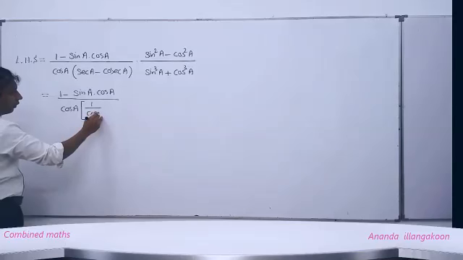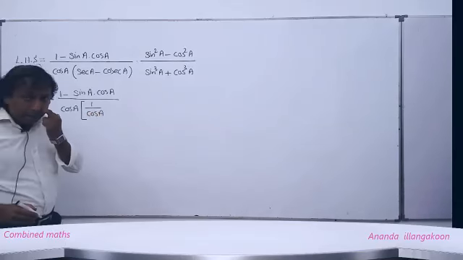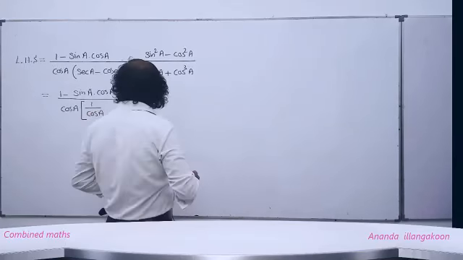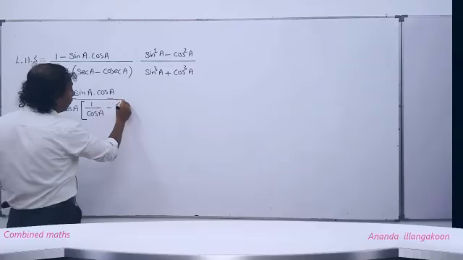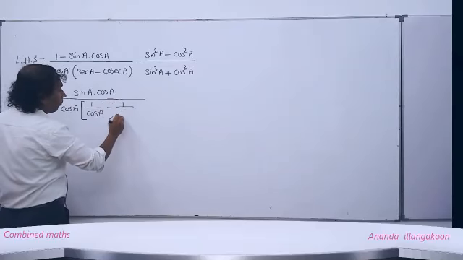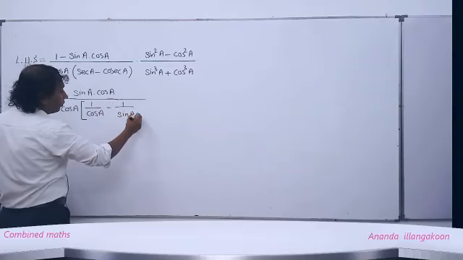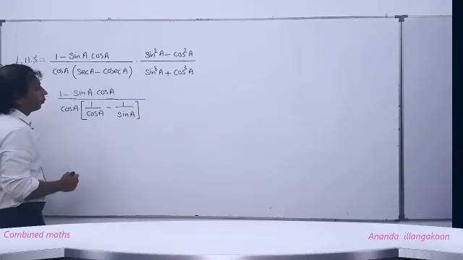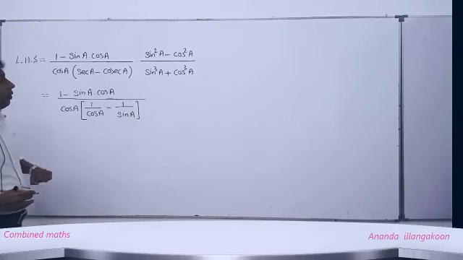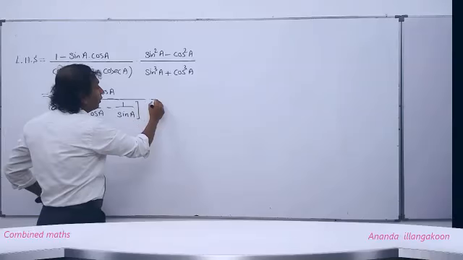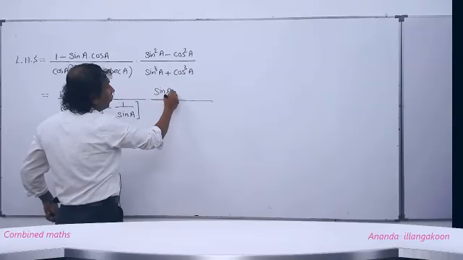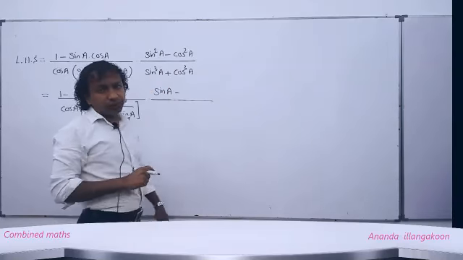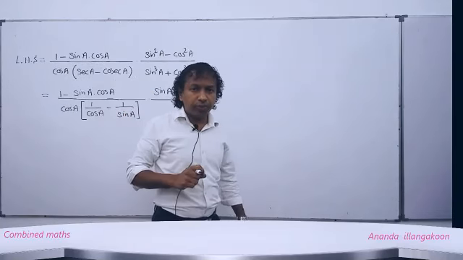Sec A is 1 upon cos A. Minus cosec A is 1 upon sin A. And here, this sin squared A minus cos squared A, you can consider this as difference of two squares, A squared minus B squared form.